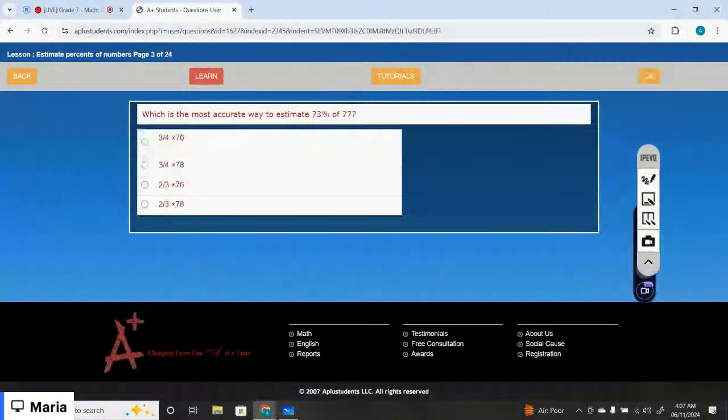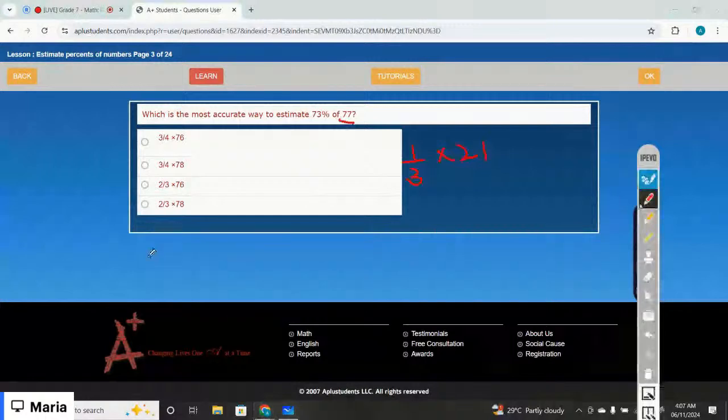Which is the most accurate way to estimate 73% of 77? So, which is the correct option? The 73% can be replaced by the nearest fraction, that would be 3 over 4, right? So then you have to replace the 77 with a number that can be easily divided by 4.